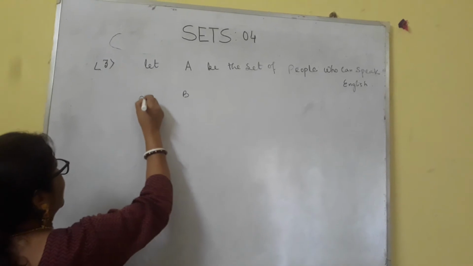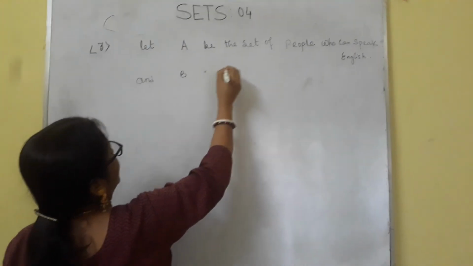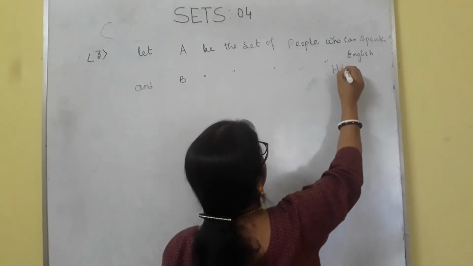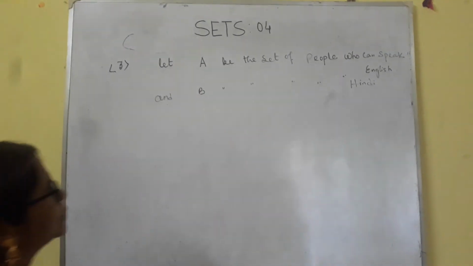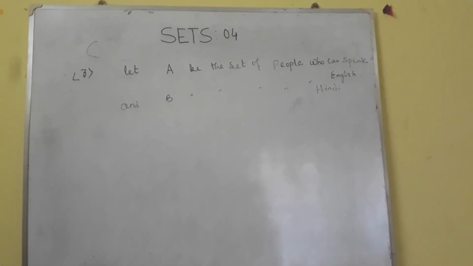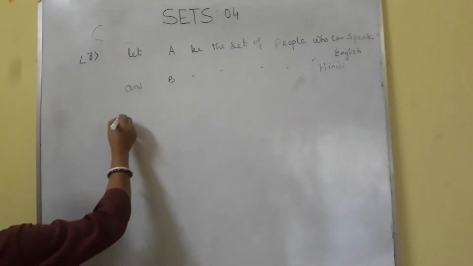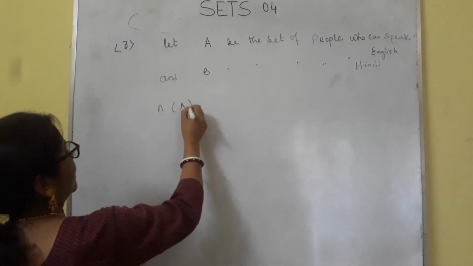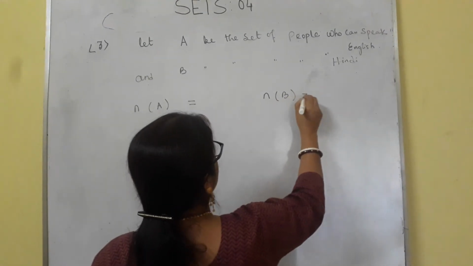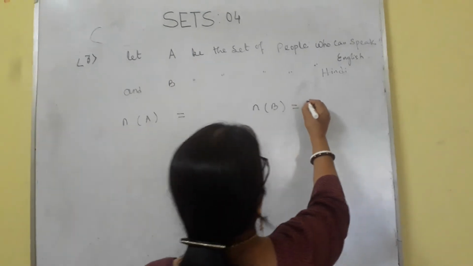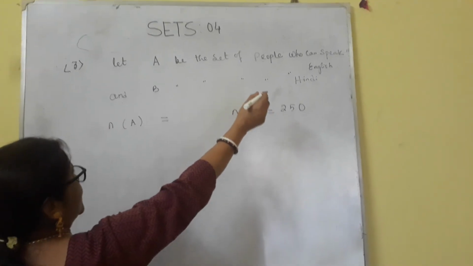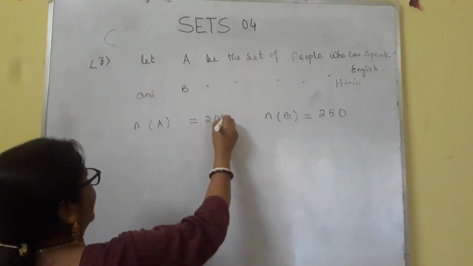Similarly, B be the set of people who can speak Hindi. So 250 can speak Hindi, 200 can speak English. That means n(B) is 250, and n(A), the people who can speak English, is 200.